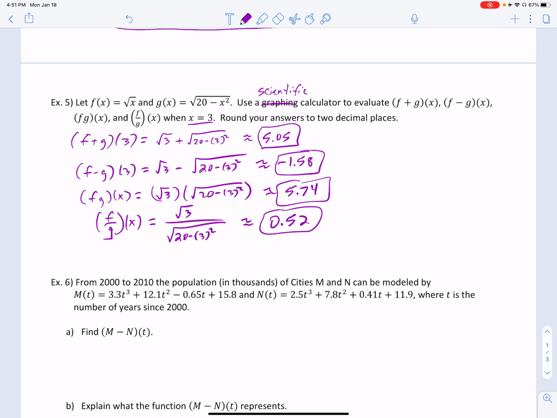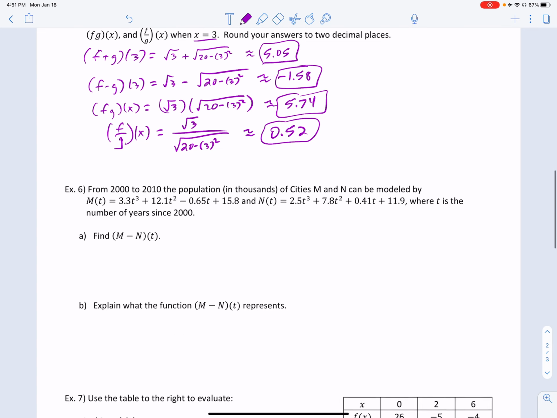All right, example 6. From 2000 to 2010, the population in thousands of cities, M and N, can be modeled by these two functions, where t is the number of years since 2000. So it says find M minus N of t.